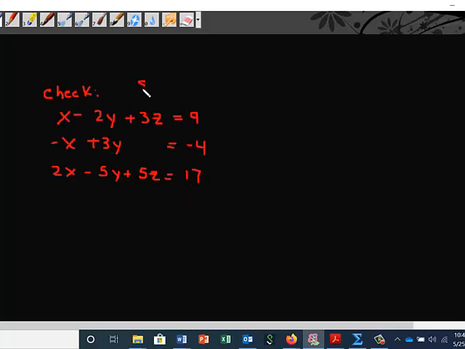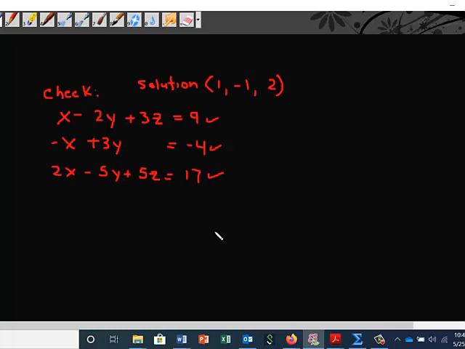Now what we're going to do, here was our solution. Our solution was what? Solution was 1, negative 1, and 2. When we substitute these back into x, y, and z, we should be getting these values. And if it doesn't, then we know that we're incorrect somewhere. Sometimes if you don't check all three, it might work for maybe one or two, but make sure you run the check for all three equations, or all four, or all five equations, five unknowns.